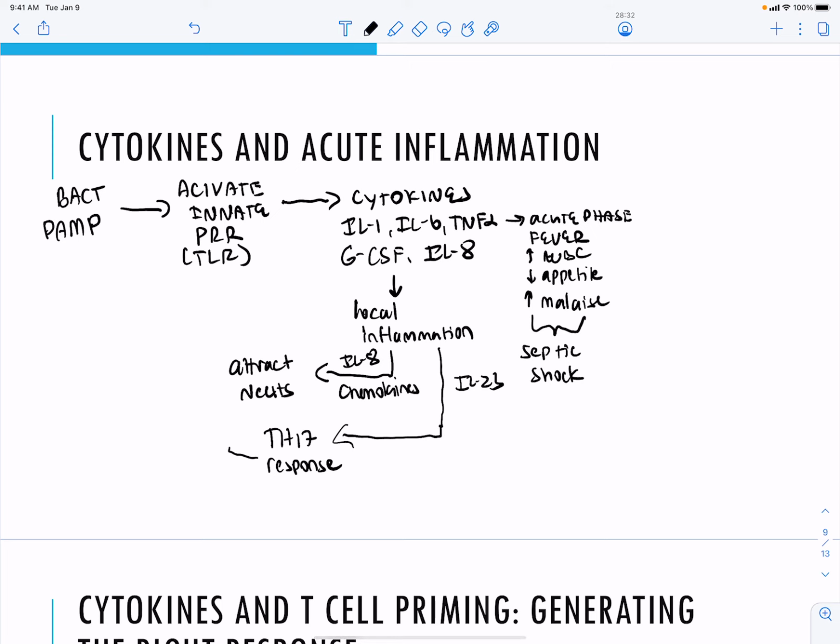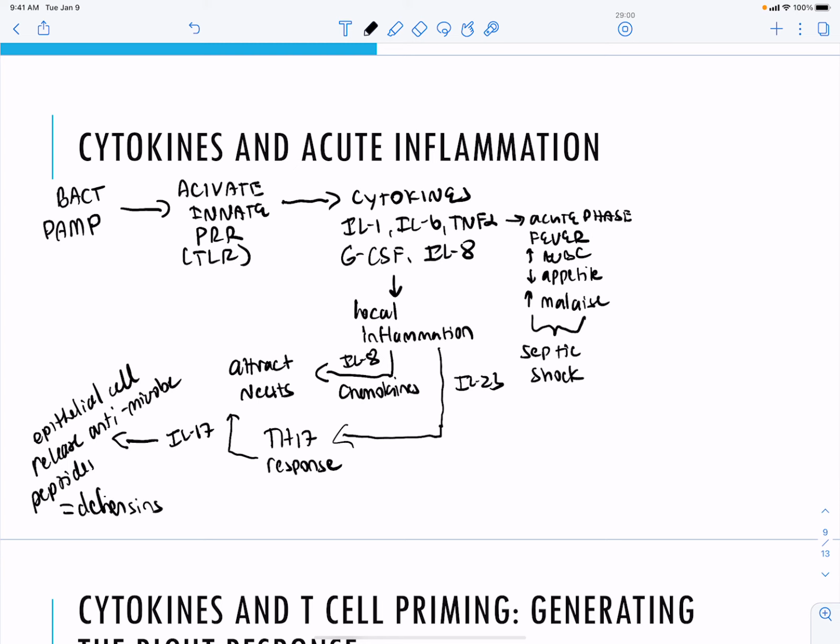And then we can release IL-17, and that will attract neutrophils as well. This IL-17 will also stimulate epithelial cells to release antimicrobial peptides, which are defensins. And defensins work the same way as MAC does. These will punch holes in bacteria.